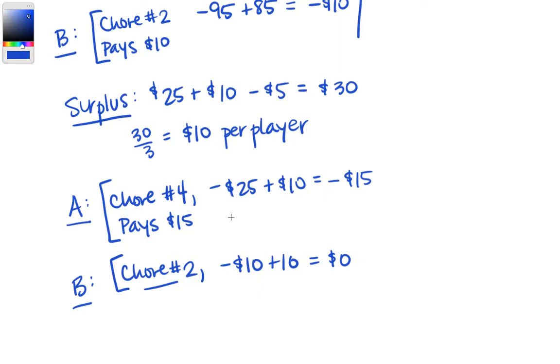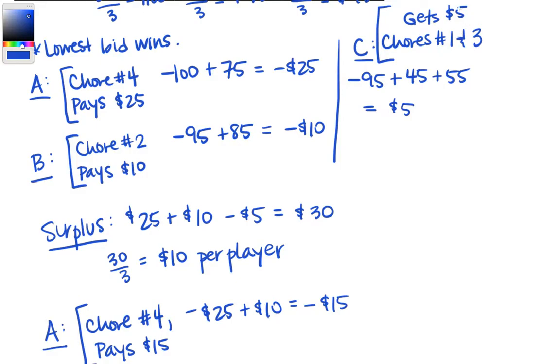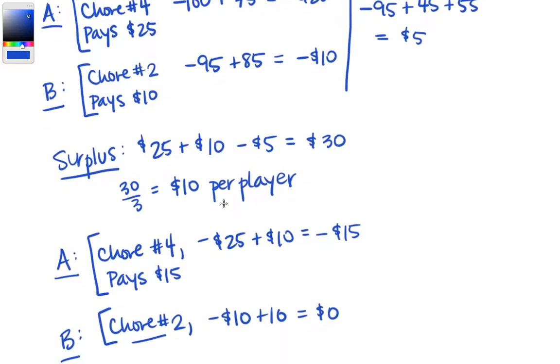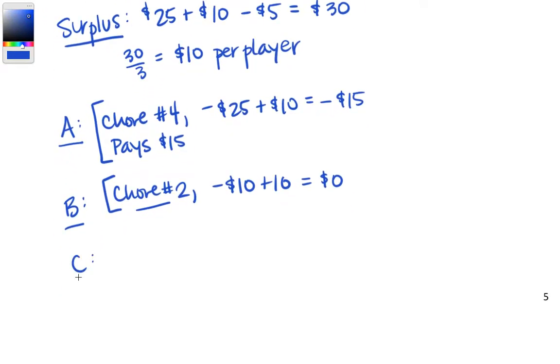And then Karen, let's remind ourselves what Karen got. She got $5 and did chores 1 and 3. So Karen did chores 1 and 3.